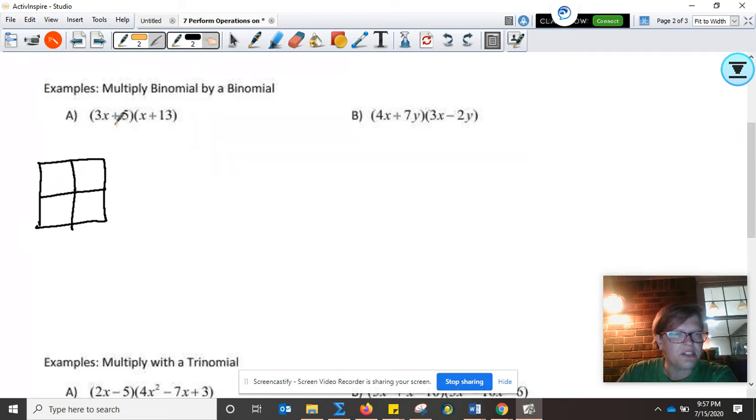Across the top, I'm going to do one set of parentheses, so 3x plus 5. Down the side, x plus 13.